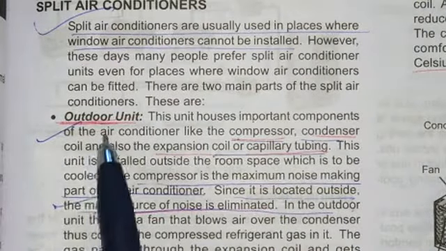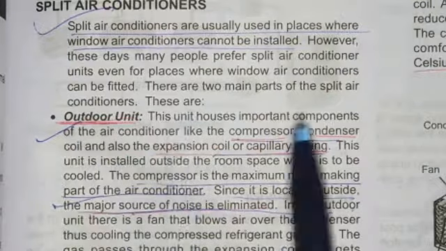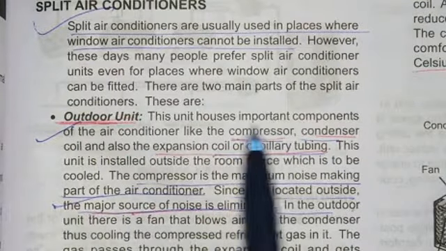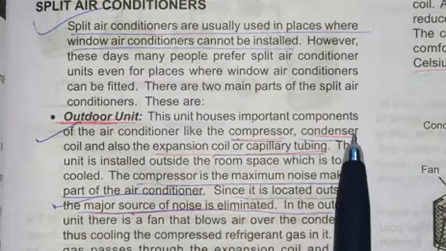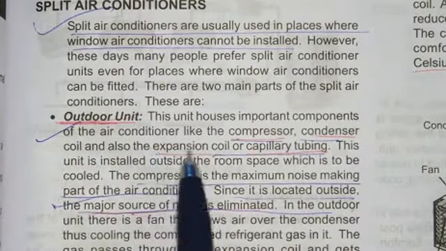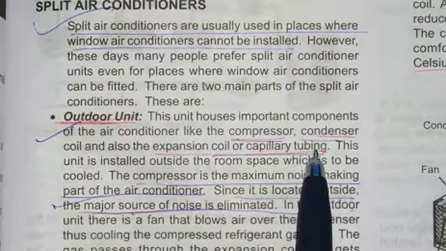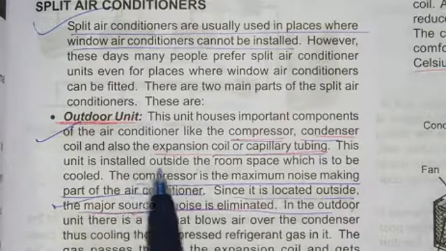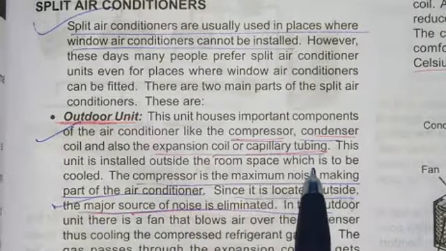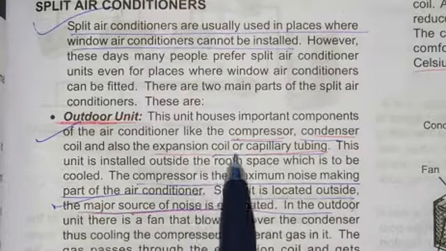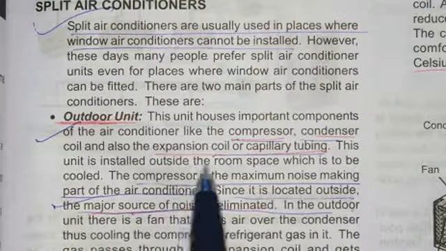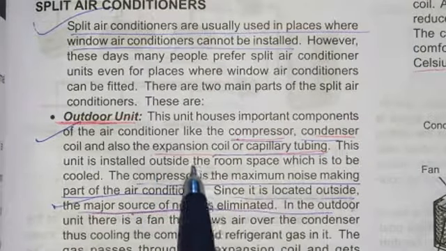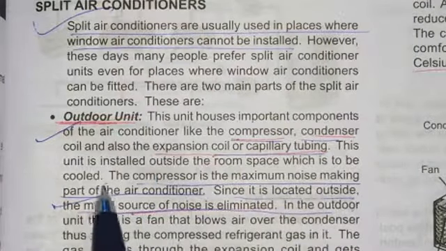So let's see the outdoor units. What are the outdoor units? Once again, the most important components of the air conditioner, like the compressor, condenser coil, and the expansion coil or capillary tubing. These units are installed outside the room space which is to be cooled.